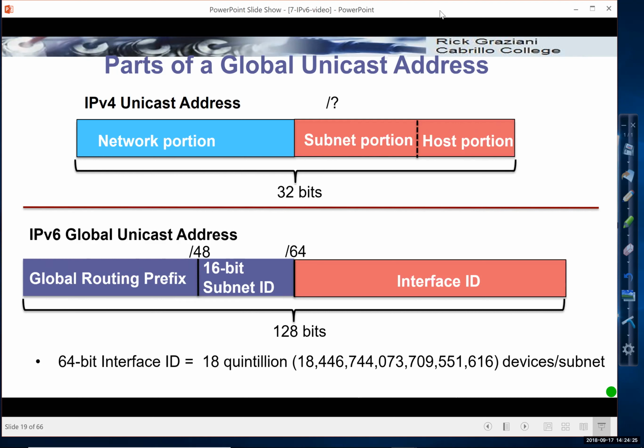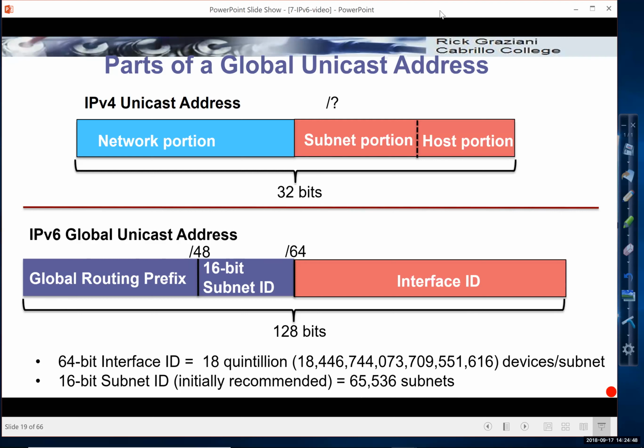Notice with a 64-bit interface ID, that's 18 quintillion devices per subnet. A 16-bit subnet ID gives me 65,536 subnets, each one with 18 quintillion devices per subnet.